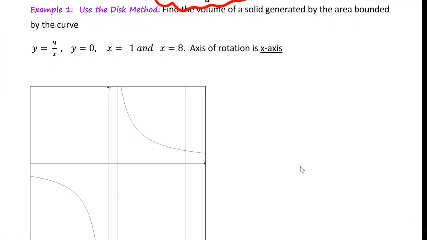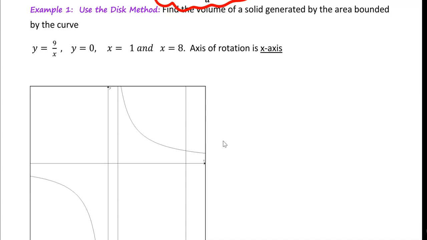So I have y equal to 9 over x. You see, 9 over x is the hyperbola, right? It's a hyperbola. So definitely this one right here. Follow this arrow, the cursor that I show everyone. So this must be y equal to 9 over x.